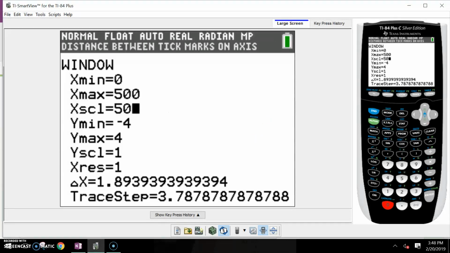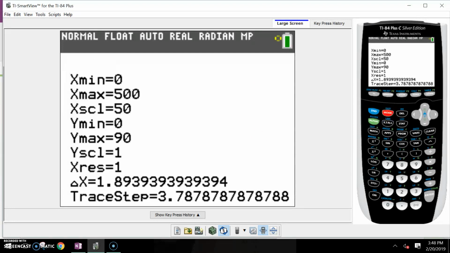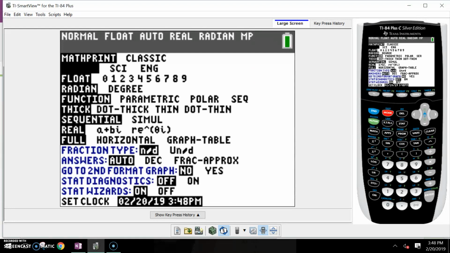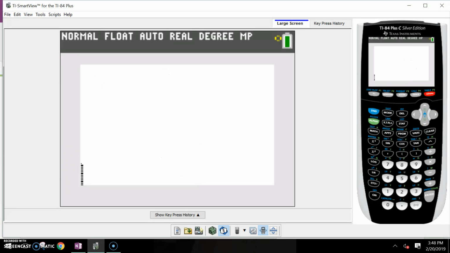And then I can leave my y's alone. Actually, I'll change those from 0 to 180. I'll make it 90. So the other thing I have to do, since I'm talking in terms of degrees, is change my radians to degrees. So I'll do that. And then I'll look at the graph.